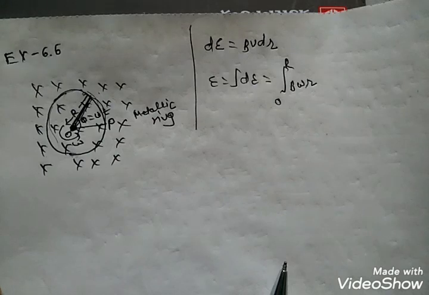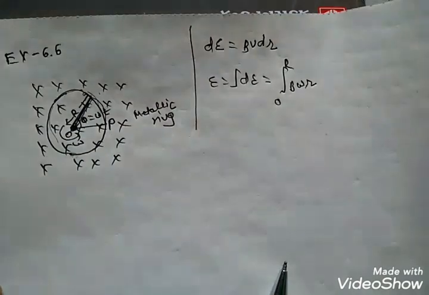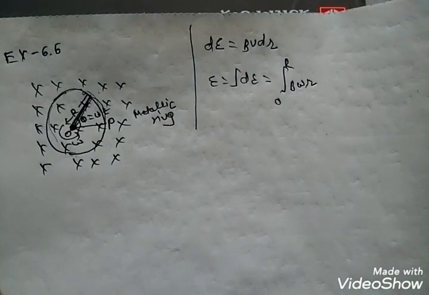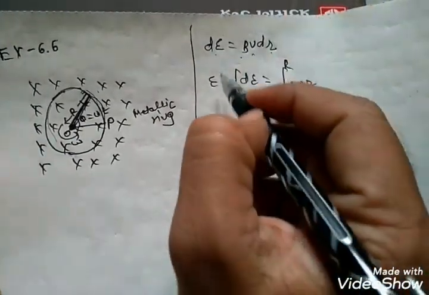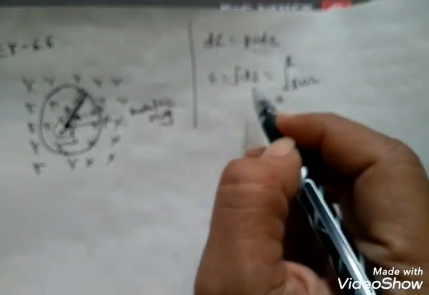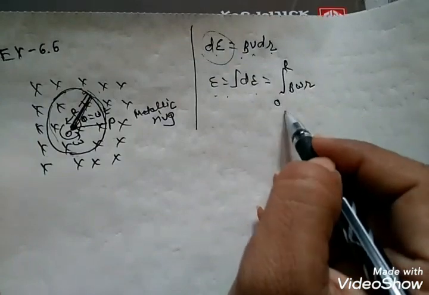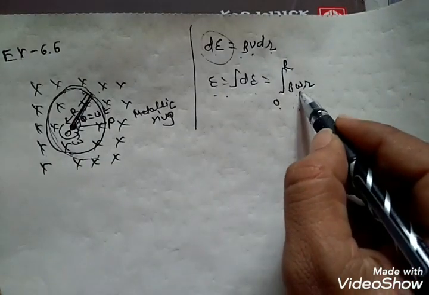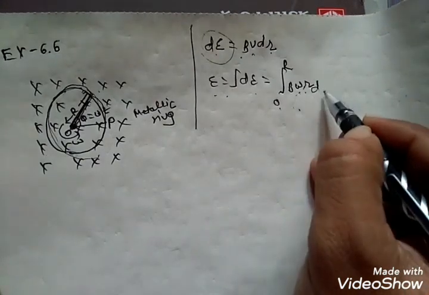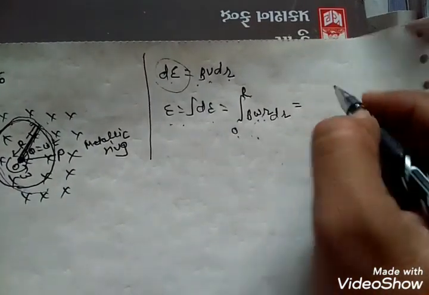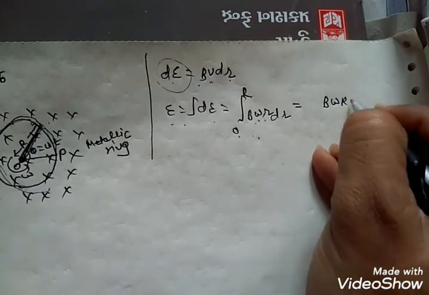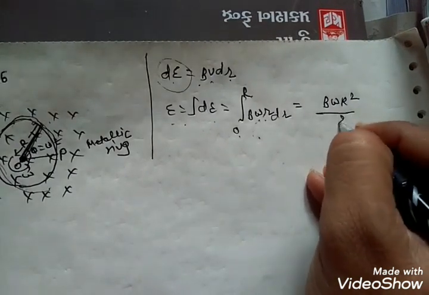Now the magnitude of the EMF generated across a length dr of the rod, moving at right angle to the magnetic field, is given by dE = B v dr. The total induced EMF is the integral from 0 to R, from the center to the end of the ring, of B omega r dr, which is equal to B omega R squared upon 2.